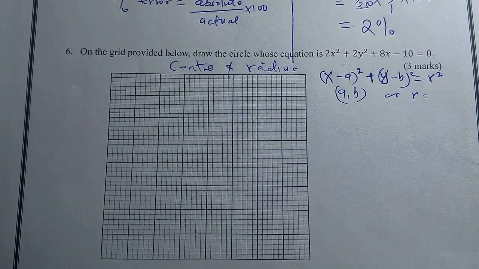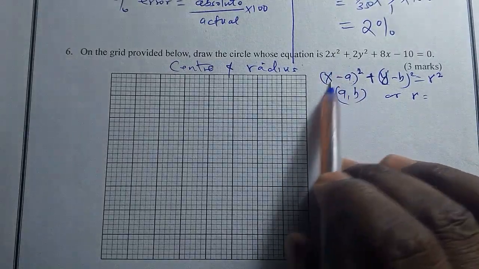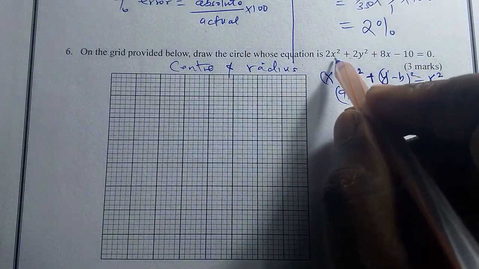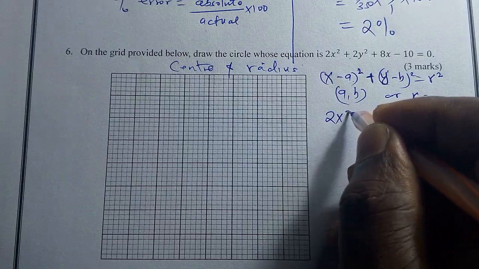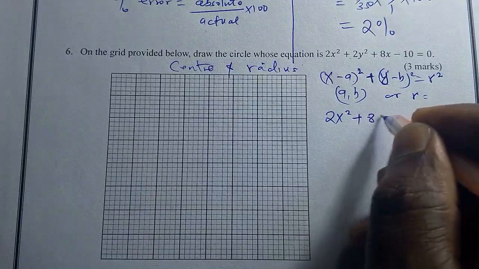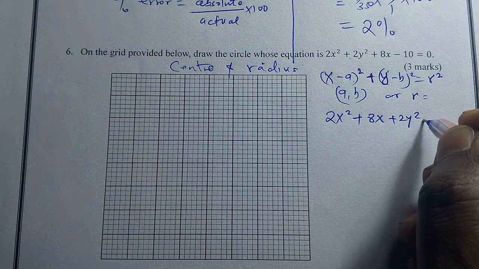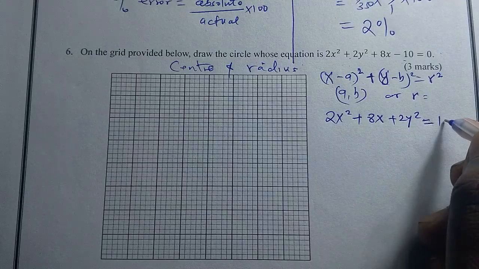We use the completing the square method to find this equation. So let's start. Rearrange. This is 2x² + 8x + 2y², and the constant, take it to the right, which would be equal to 10.